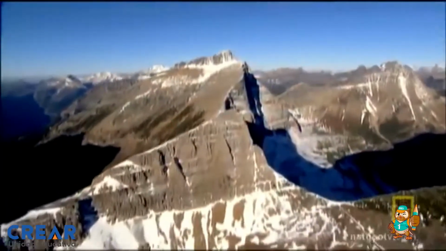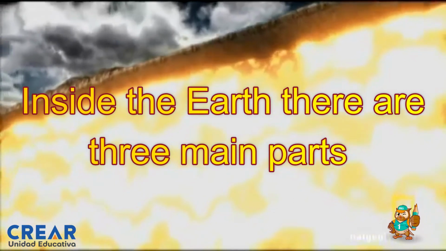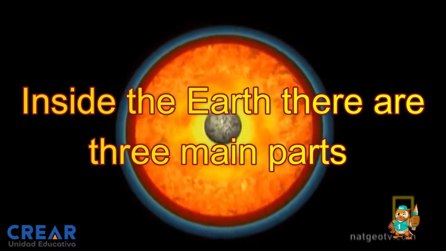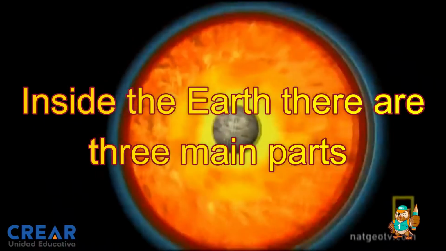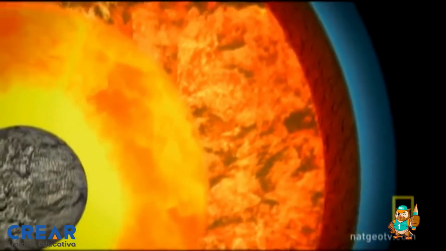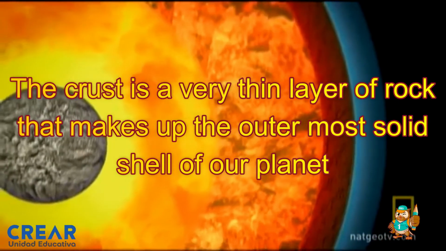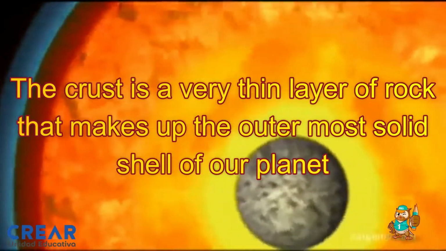Let's see something else about it. As I told you before, inside the earth there are three main parts. Firstly, we have the crust, then the mantle, and the core. But what is the crust, my dears? Well, the crust is a very thin layer of rock that makes up the outermost solid shell of our planet.